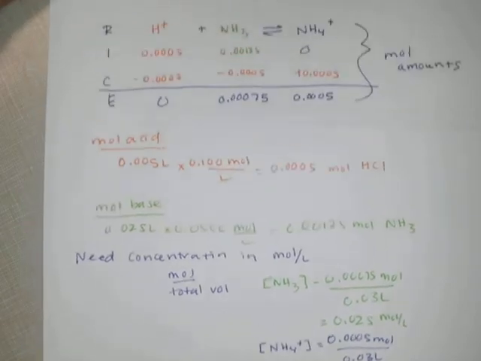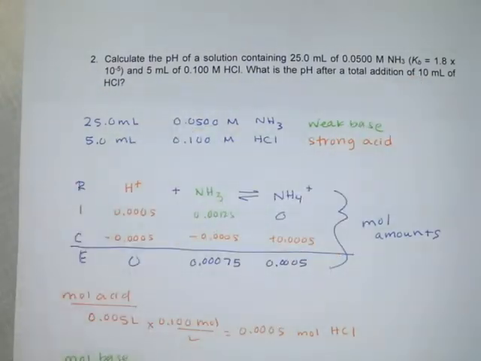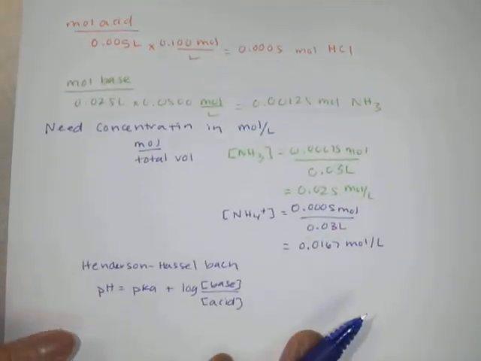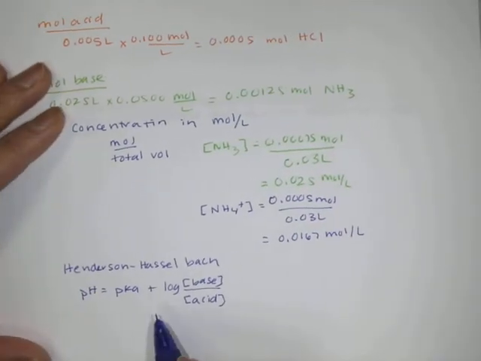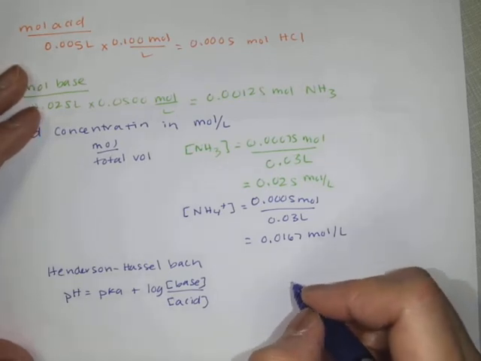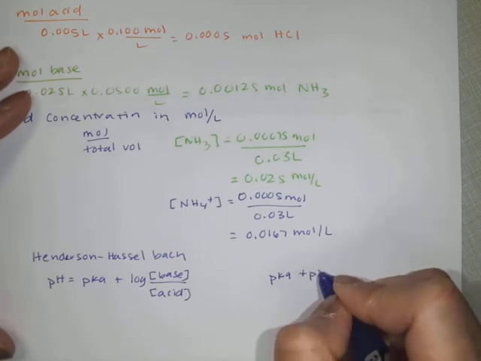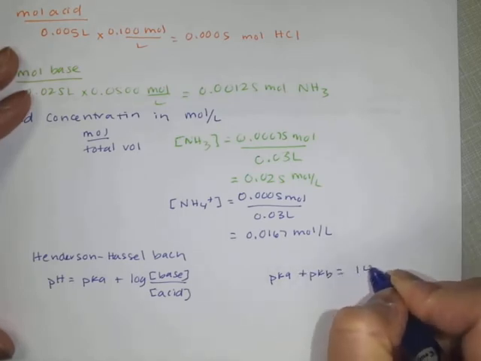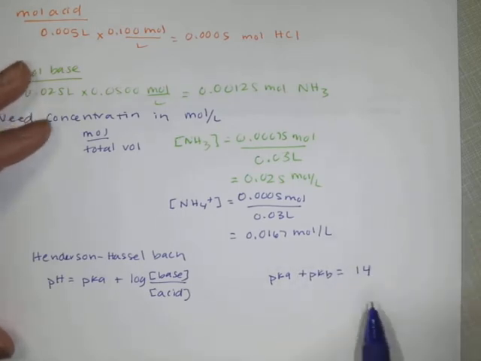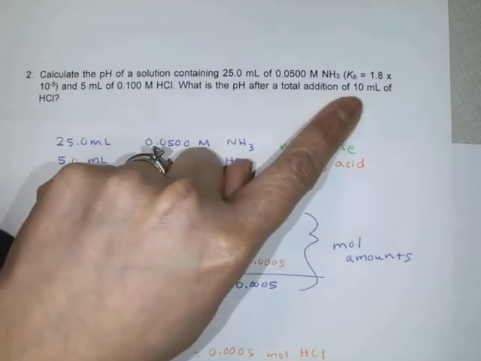If we look back at the word problem here, we're given the Kb, not the Ka, which is what we need here. So to get to Ka, you have to remember that pKa plus pKb equals 14. And we can get the pKb by taking the negative log of the Kb.